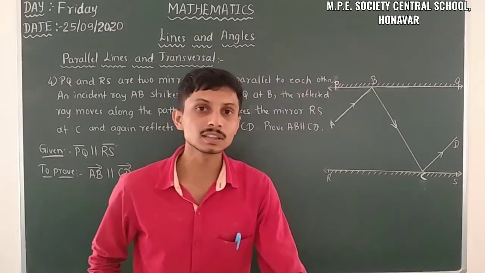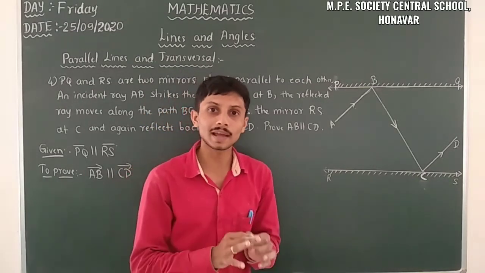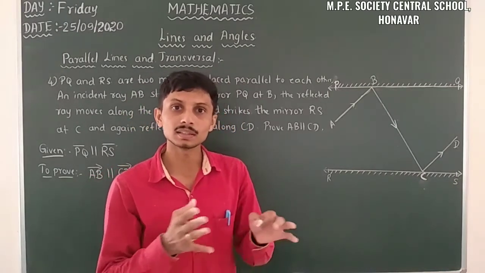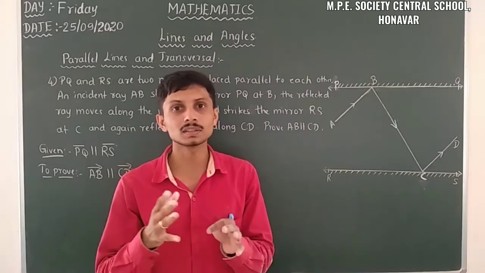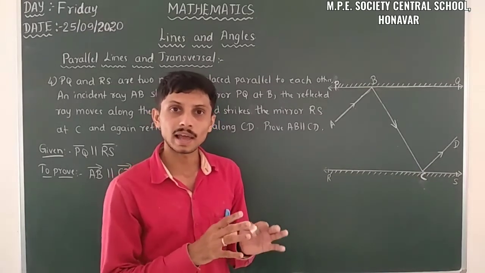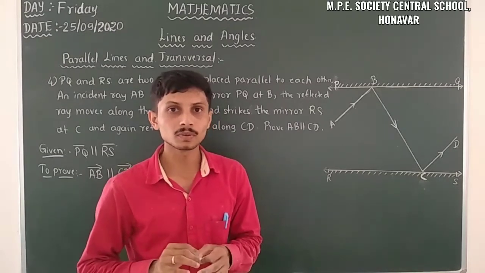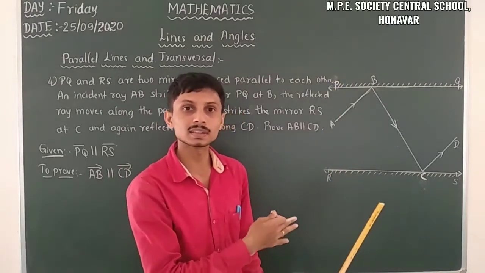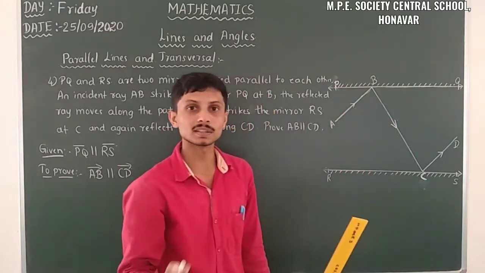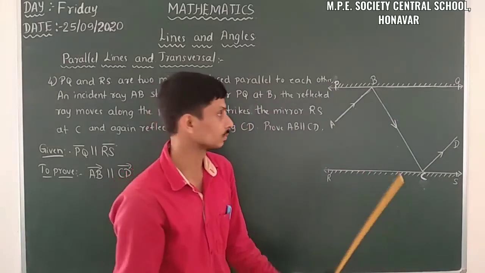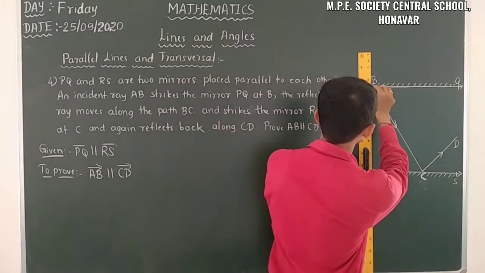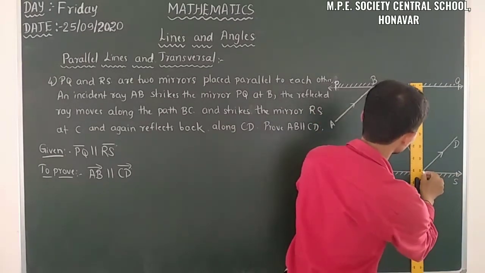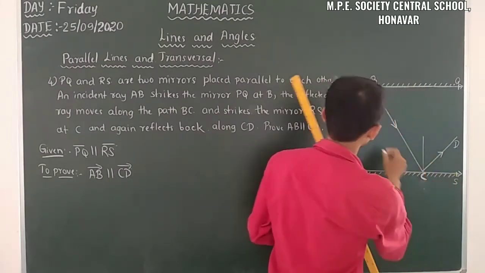So what is the construction here? We know that the angle of incidence is equal to the angle of reflection. The first law of reflection tells us that the angle of incidence is equal to the angle of reflection. So we split this part into two parts: the angle of incidence and the angle of reflection. Here I will draw a normal to the mirror.